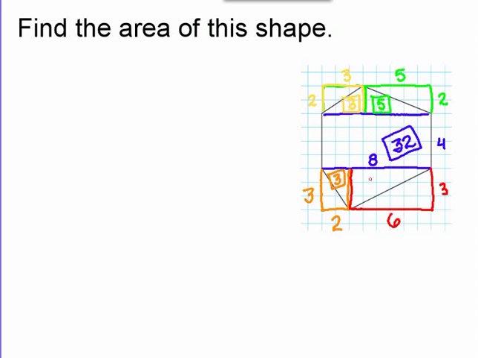So half of that will be 9. So let's add up all of our numbers. We have 32, 5, 3, 3, and 9. So what is my area of that figure? 52 units squared.